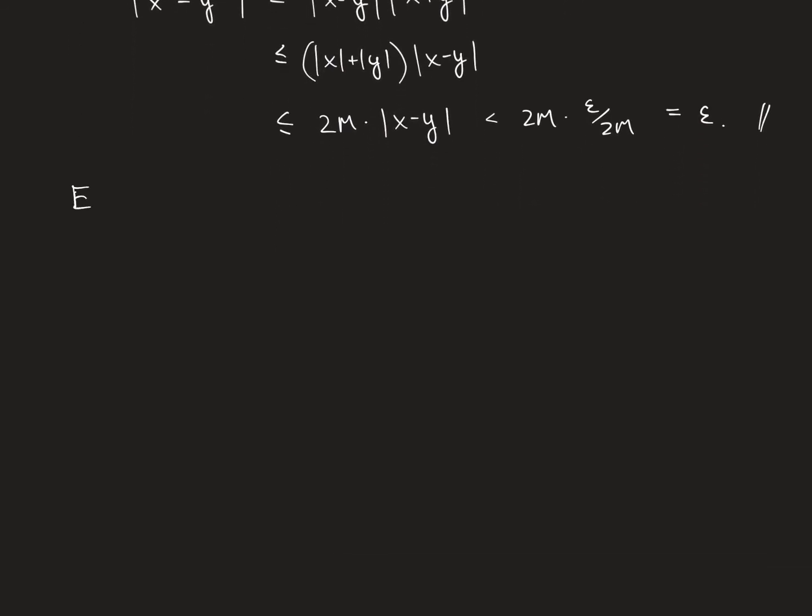So the next example is the same function, f of x equals x squared. This is not uniformly continuous on the whole real line. Okay, so let's look at the proof.